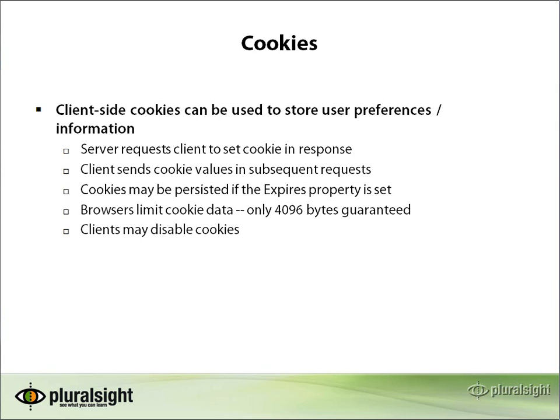So another mechanism you can use for storing state on behalf of individual clients is cookies. We saw cookies in use when we looked at session state. A cookie is the way that ASP.NET keeps the session identifier on behalf of clients, unless you use one of those alternate techniques that we looked at. But if you want to, you can use cookies directly yourself.